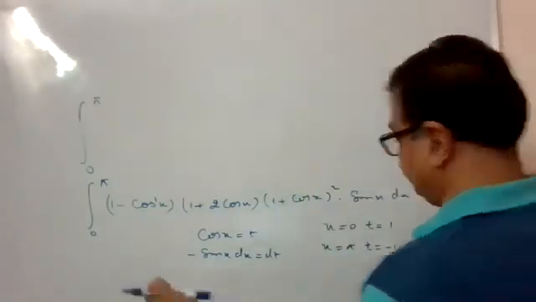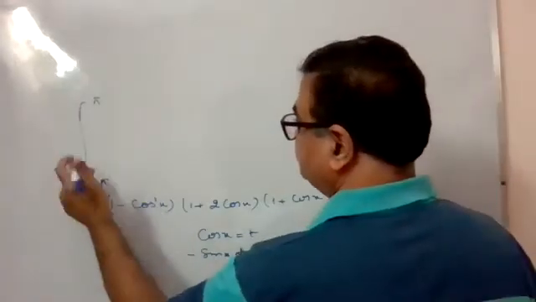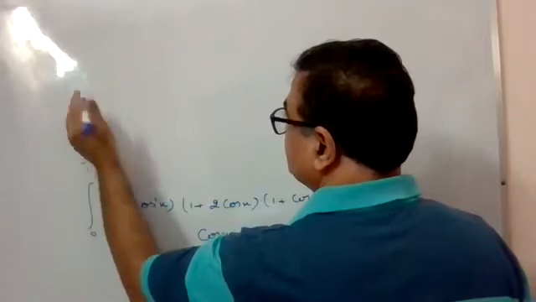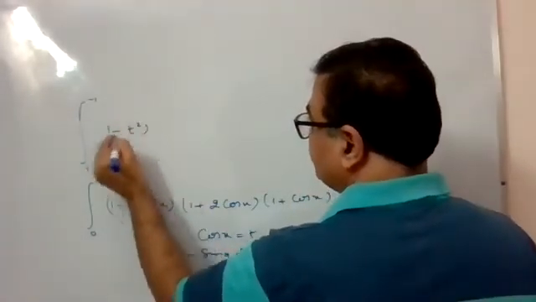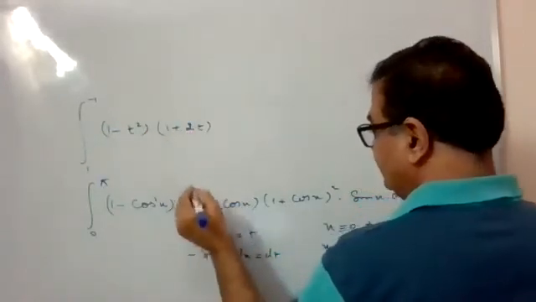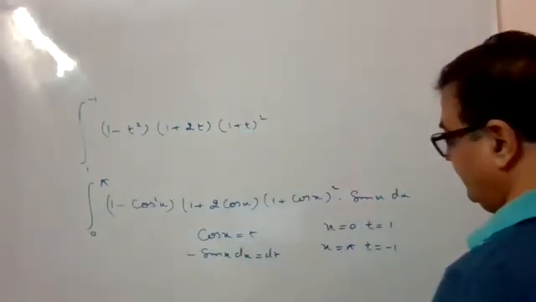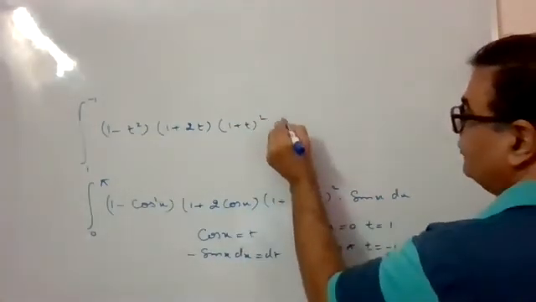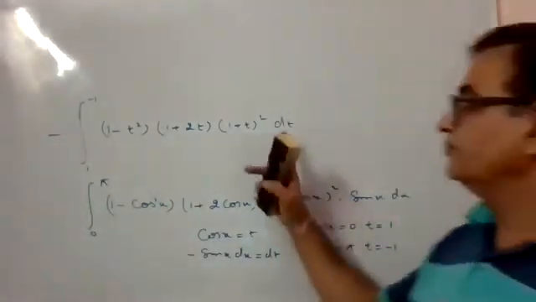Now we can write the limits as 1 to minus 1. This will be 1 minus t square, 1 plus 2t, 1 plus t whole square, and this is minus dt.